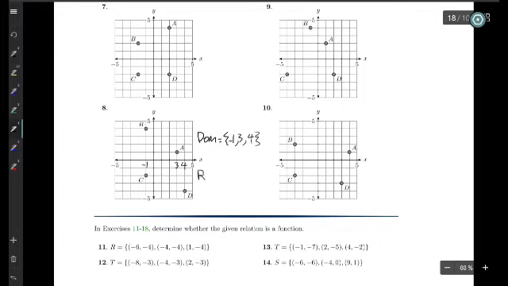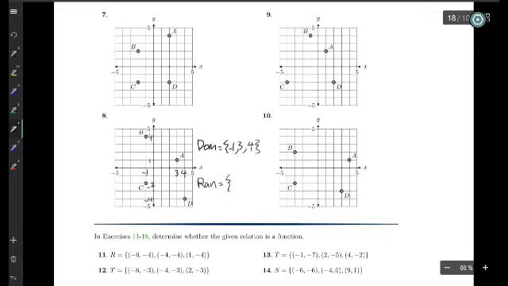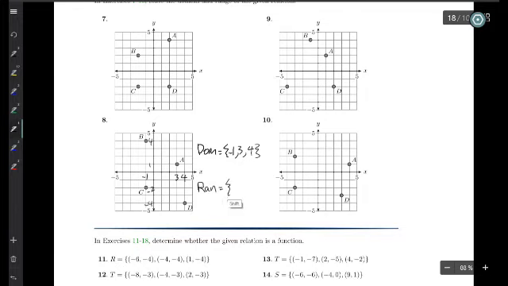And the range looks like -2 here, 4 here, 1 here, -4 here. So in the range we have -4, -2, 1, and 4.